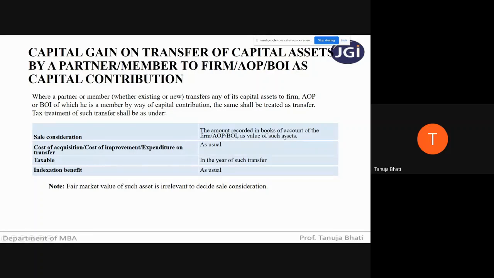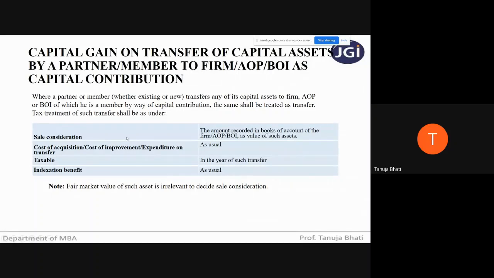Remember, students, for sales consideration you must not take the fair market value of the asset. Suppose I'm in a partnership and Mr. X is a new partner that I'm inviting, and he's bringing a particular asset, and I'm recording it in the books of the firm at, suppose, 2 lakh rupees, but the fair market value is 5 lakh. Then what is the sale consideration?